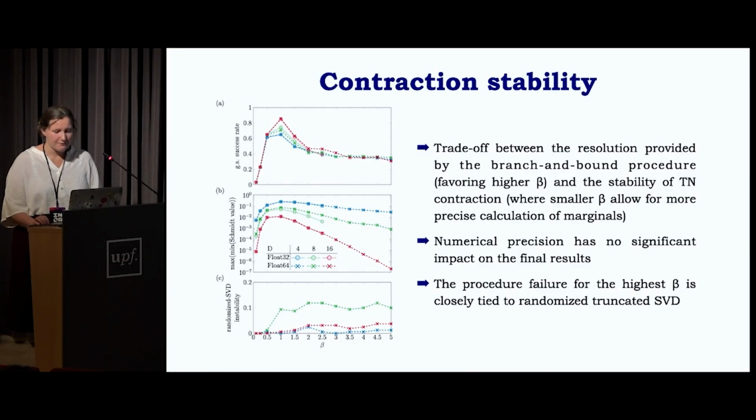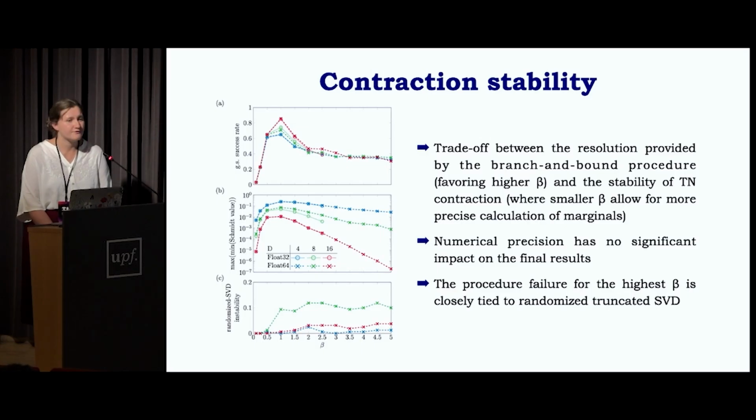So we focused on the smallest problem size, like the Pegasus instances with 216 spins. And we ran tests across different inverse temperature beta, different bond dimension, and numerical precision settings, like float32 and float64.